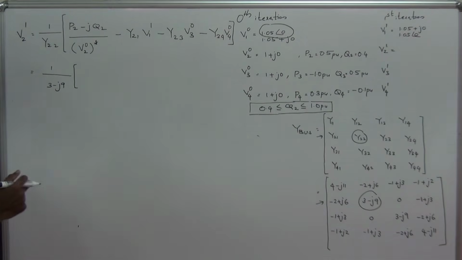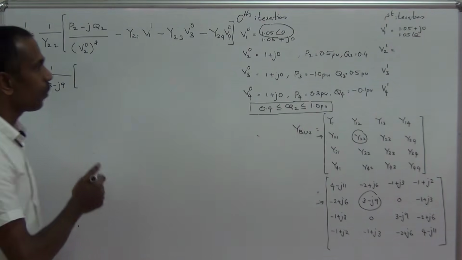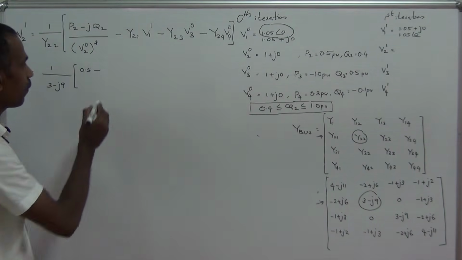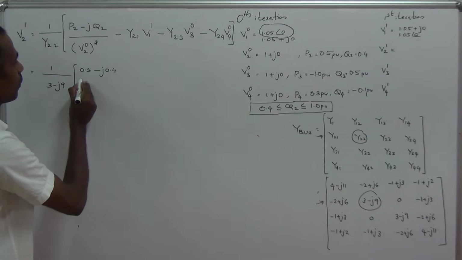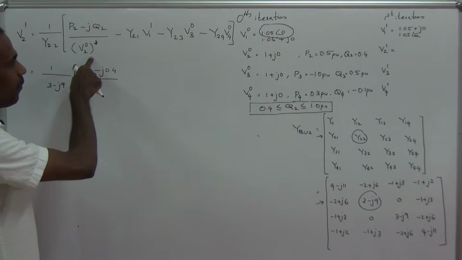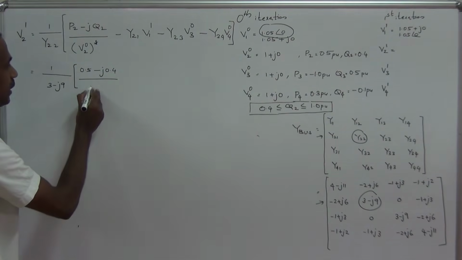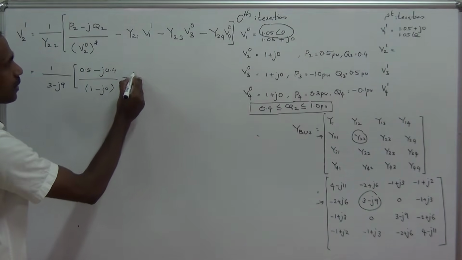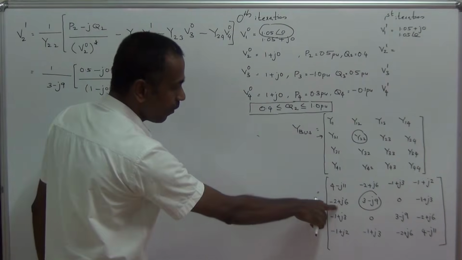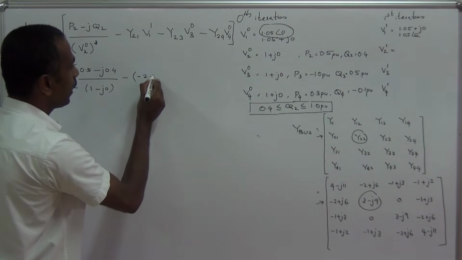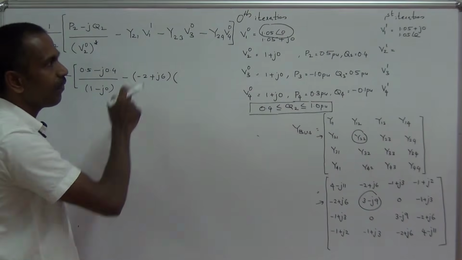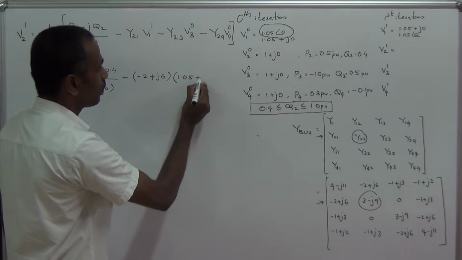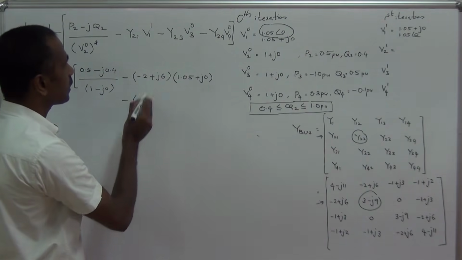So this is equal to 1 by Y22, which equals 3 minus J9, into P2 minus JQ2. P2 equals 0.5 minus JQ2, J0.4, divided by V20 conjugate. It is 1 plus J0. Its conjugate is 1 minus J0, minus Y21 V11. Y21 is minus 2 plus J6 into V11, 1.05 plus J0, minus Y23 V3.